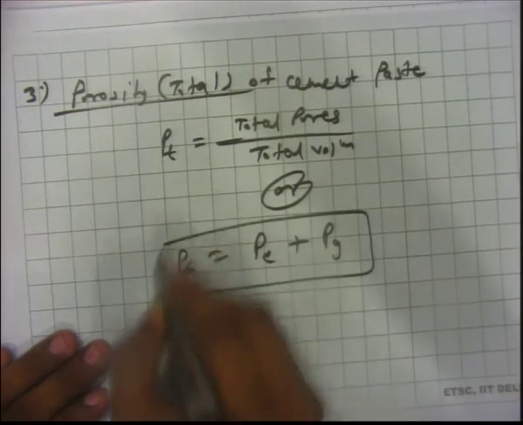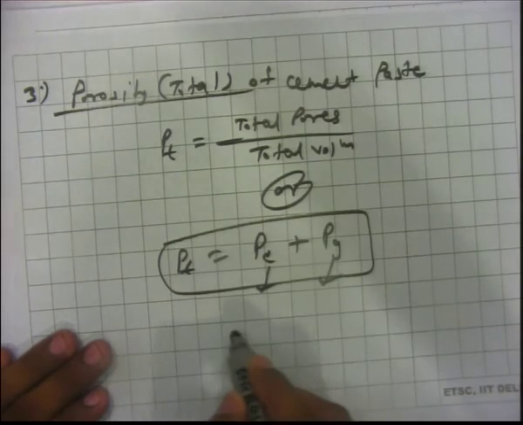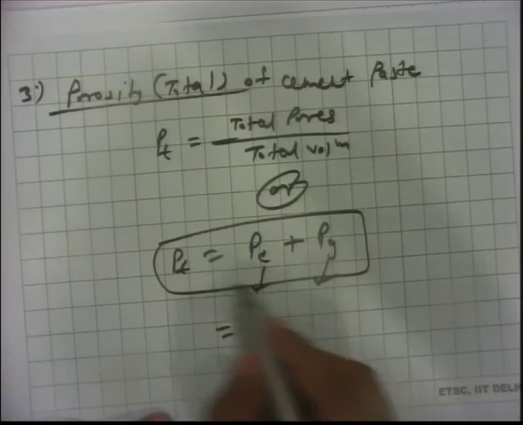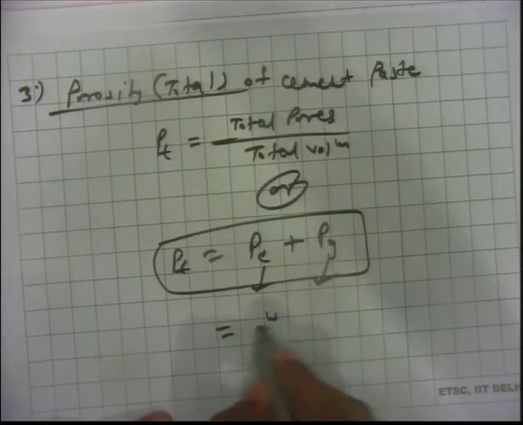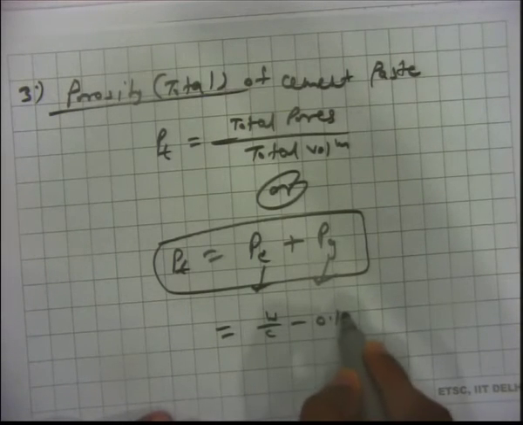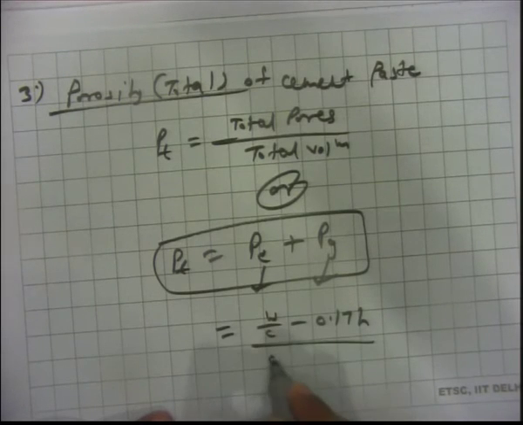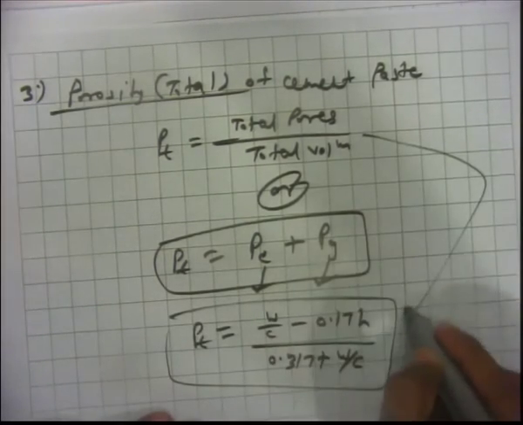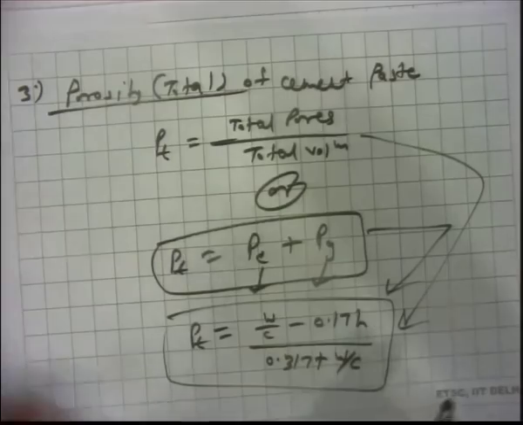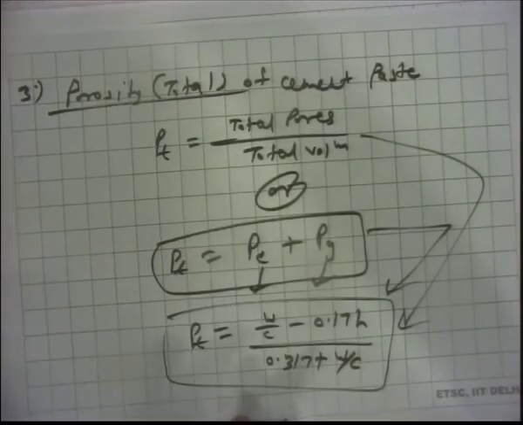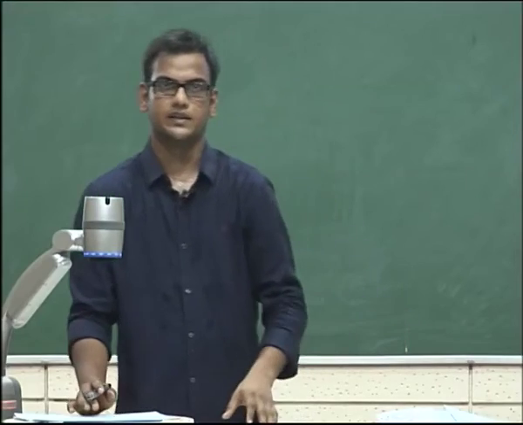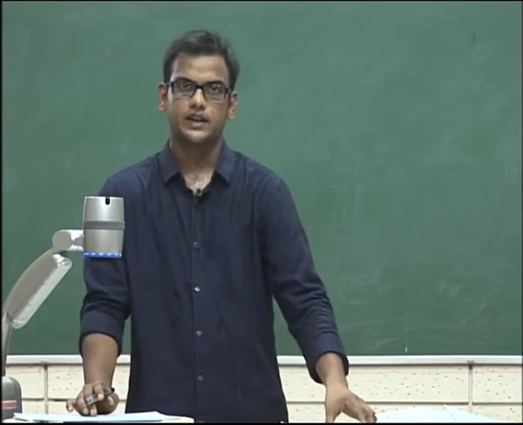It will be the sum of two. These two we have already calculated. So the summation will be total porosity, which will come out to be W by C minus 0.17 H, divided by 0.317 plus W by C. From both conditions we can calculate it. So we have calculated all three types of porosity: gel porosity, capillary porosity and the total porosity.